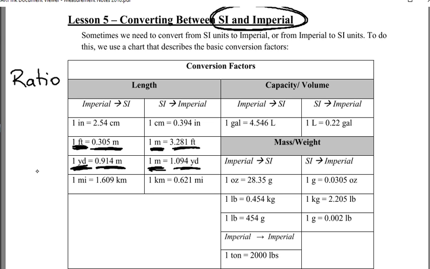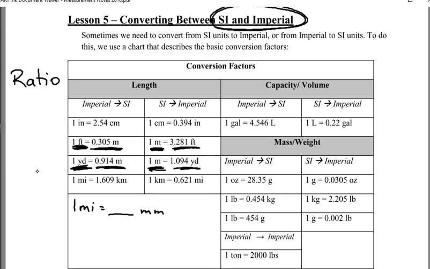I'll be honest with you, there is a number that tells us 1 mile equals so many millimeters. But is that really a relation that we need to have in this chart? Is it a good chance we're going to convert miles to millimeters? No, not really. So we don't worry about it. What could we do if we wanted to go from miles to millimeters?